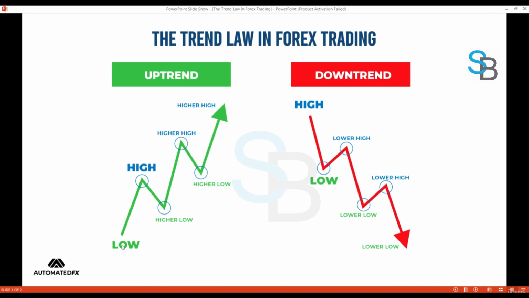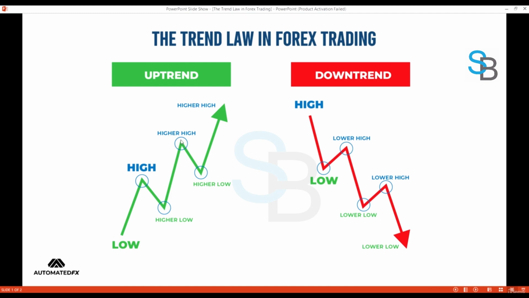So for an uptrend, we have a low, then a high, then a low, a high, a low, a high, and then a low. The new high must be higher than the previous high.